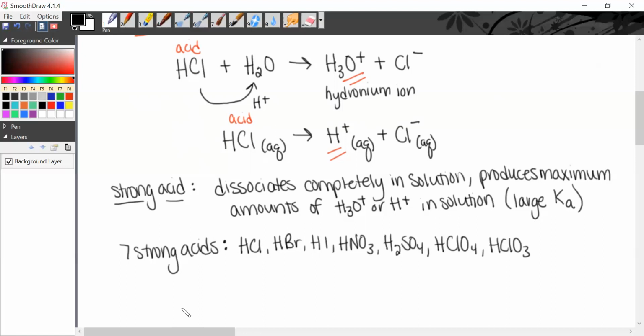Now, in your text, there's also a chart of relative strengths of acids and bases. Their strength is determined by their Ka value. So the bigger the Ka value, the stronger the acid. The smaller the Ka value, the weaker the acid. And there's a chart of that on page 657.